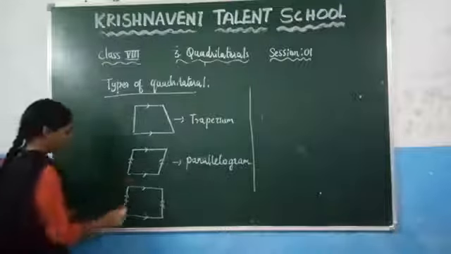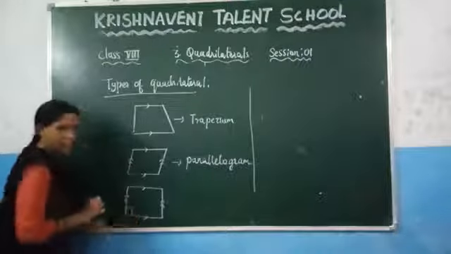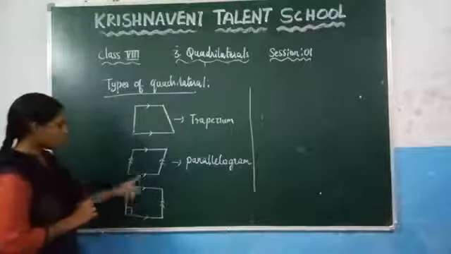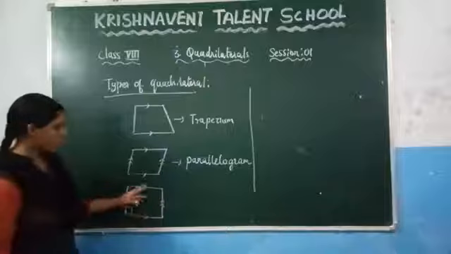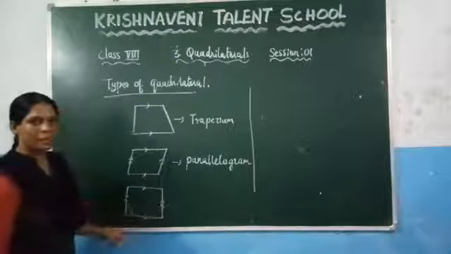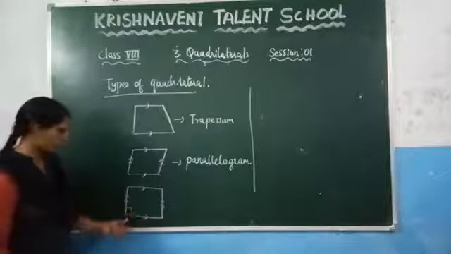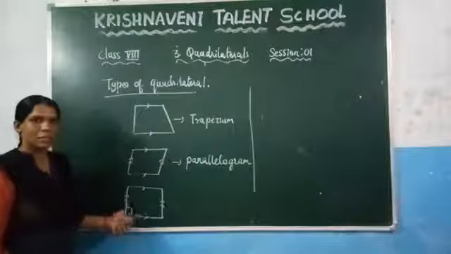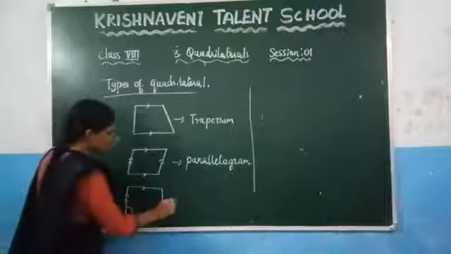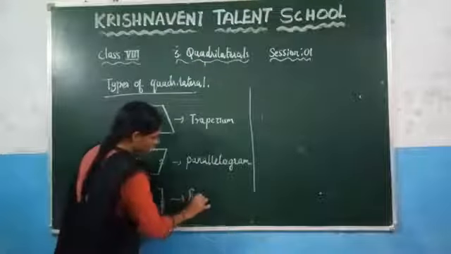Here you can observe that at least one of the angles is 90. Clearly you can observe the difference between these two. It is also a parallelogram because two pairs of sides are parallel. But there is one more condition satisfied here, which is that one angle is 90. In this case it has a special name.